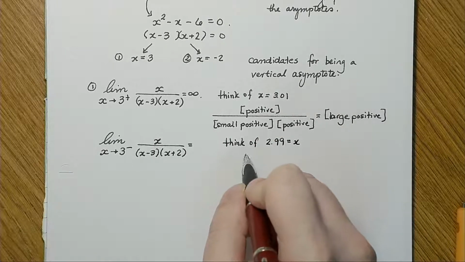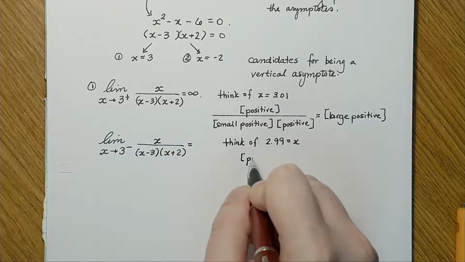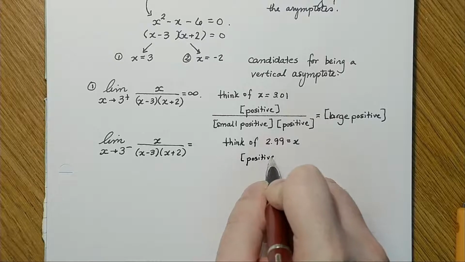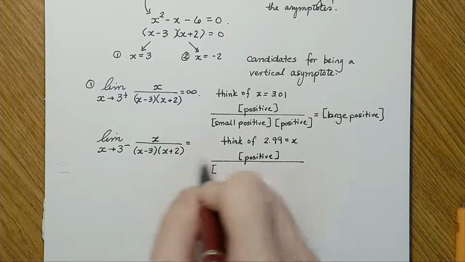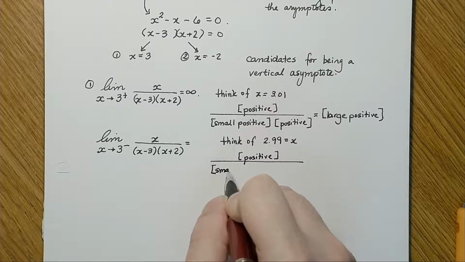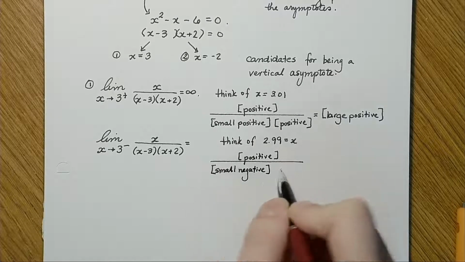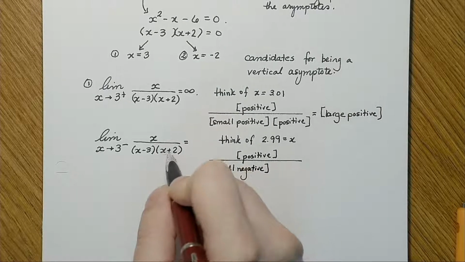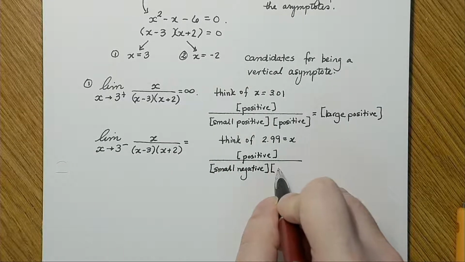So what we get there is I'll have 2.99 at the top, so that's a positive number, over 2.99 minus 3, that's a small negative number. And then over on this side, at 2.99 plus 2, that gives me a positive number.